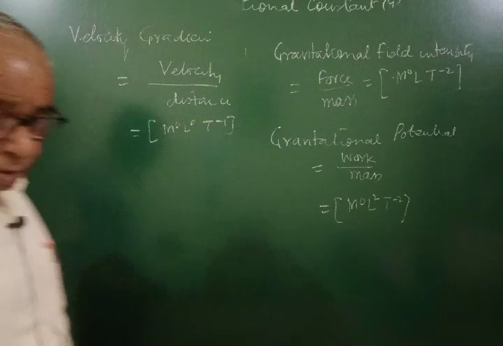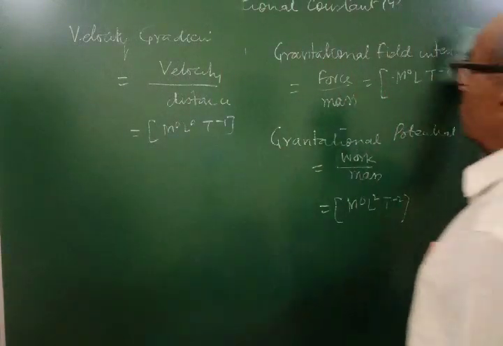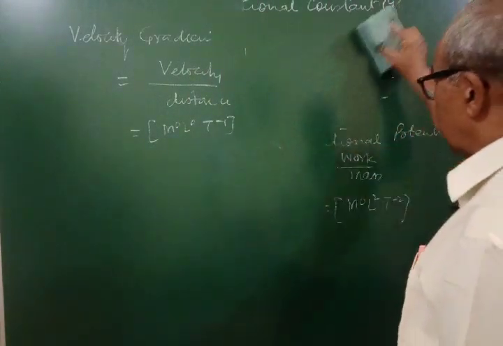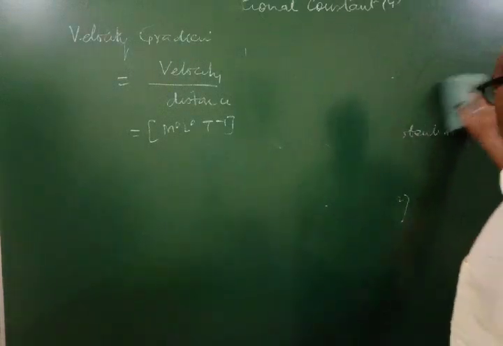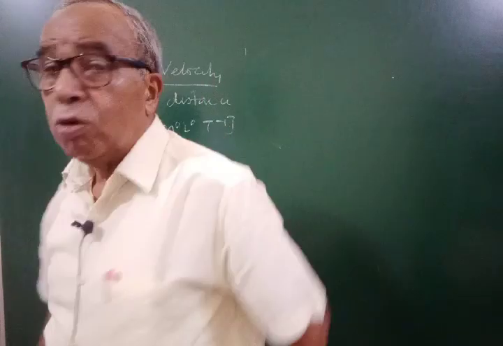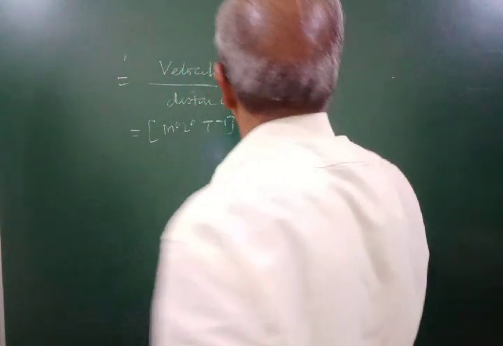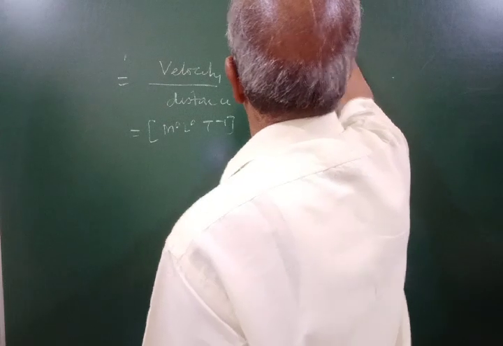There is one term you might have heard, viscosity. Viscosity determines the ability of a liquid or any fluid to flow. The ability of a fluid to flow is the measure of viscosity.